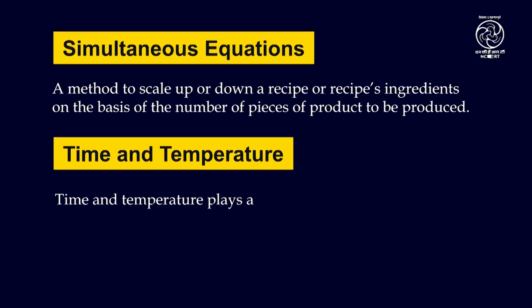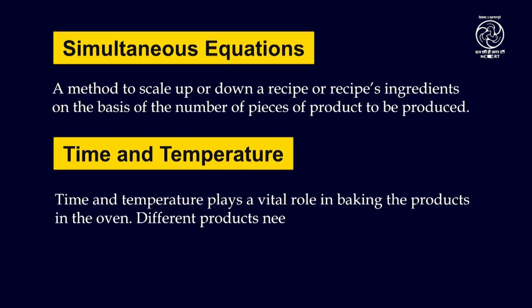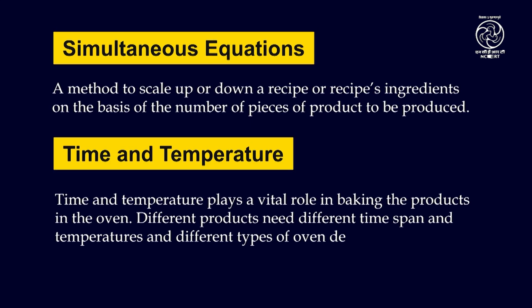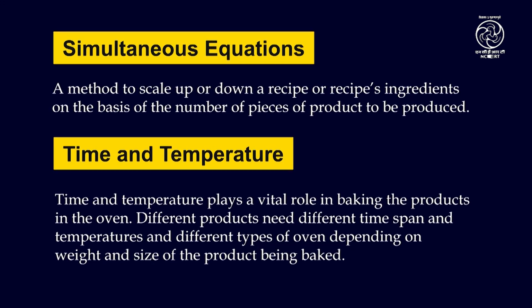Time and temperature play a vital role in baking the products in the oven. Different products need different time spans and temperatures and different types of oven depending on weight and size of the product being baked.